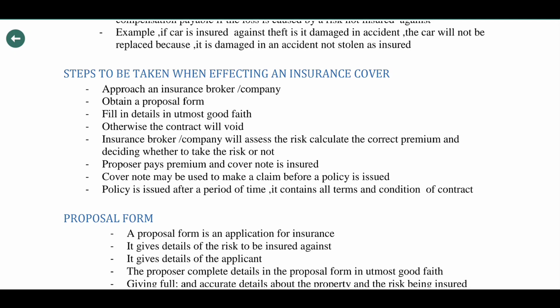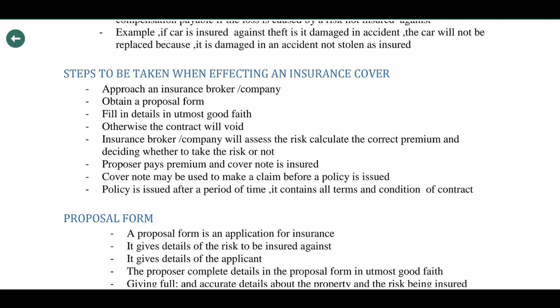Okay. Otherwise, the contract will be void if you leave out some facts. Now, the insurance broker or company will assess the risk to calculate the correct premium and decide whether to take the risk or not.